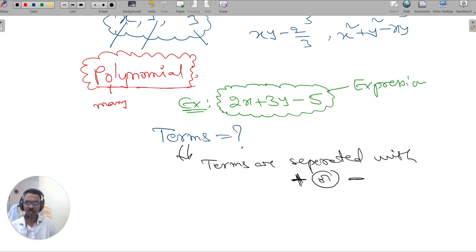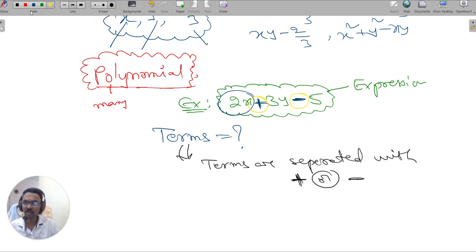Then we can easily know how many terms are there in the given expression. So in this expression, here one symbol is there, addition. Here one symbol is there, subtraction. This addition and subtraction are separating the expressions.